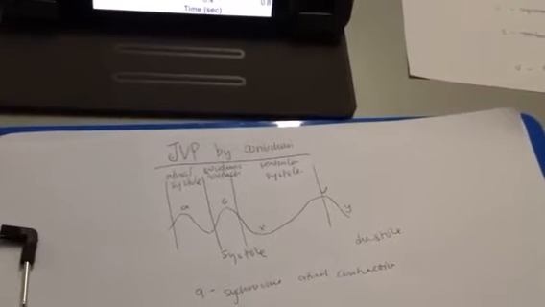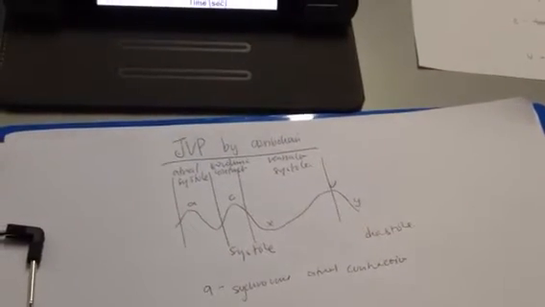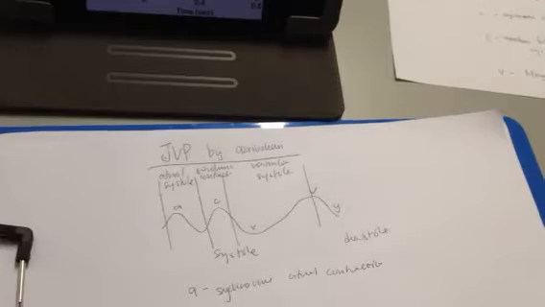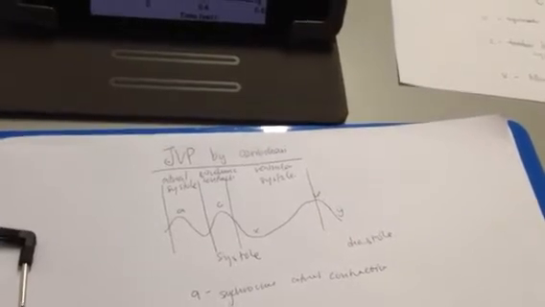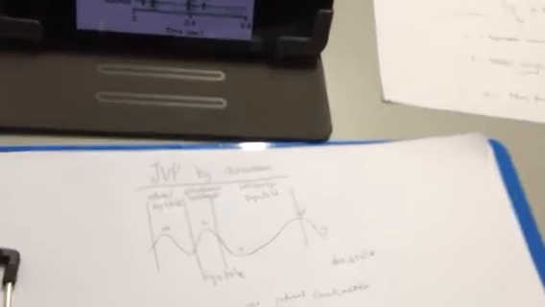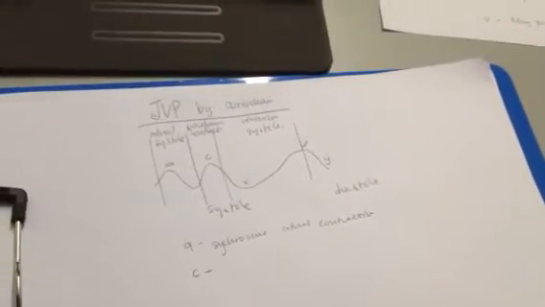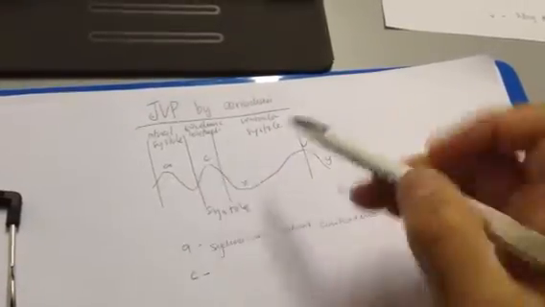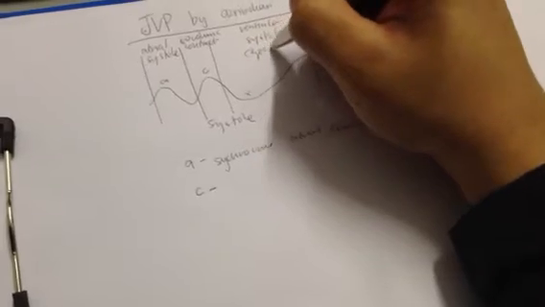Then you have the ventricular contraction, which closes the tricuspid valve. But they have to generate enough pressure to open the pulmonary valve, where the blood can go from the right ventricle out into the pulmonary circulation. So the period where they build the pressure is called the isovolumic contraction. Then you have the ventricular systole where the ejection happens.